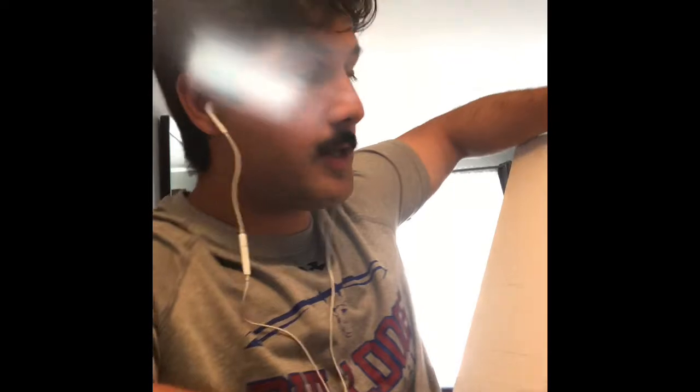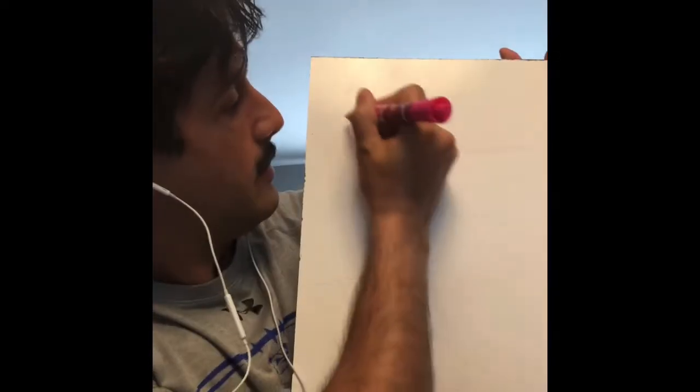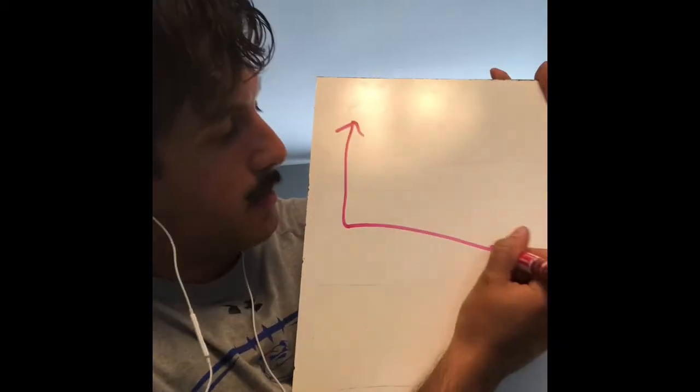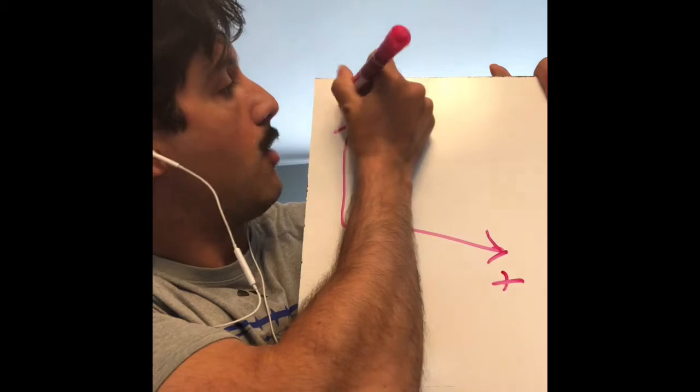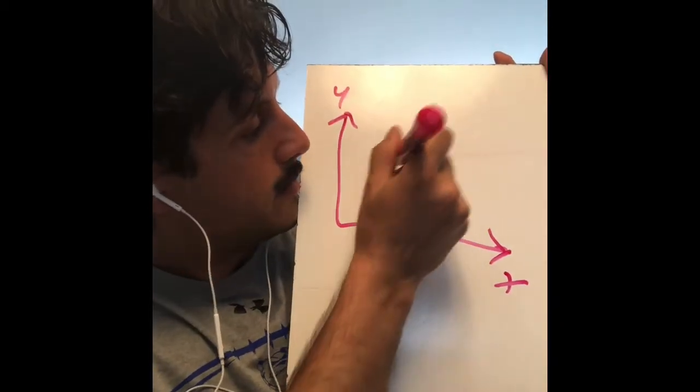Basically, if you had a visual, say for example, there's your axes, you've got your x-axis, you've got your y-axis, and you have a point and a point.